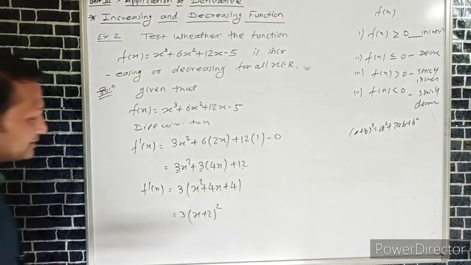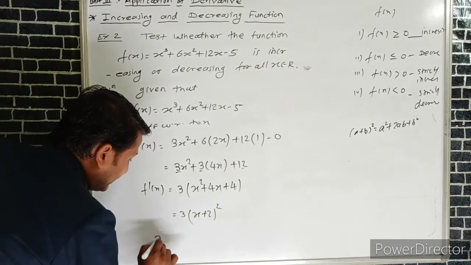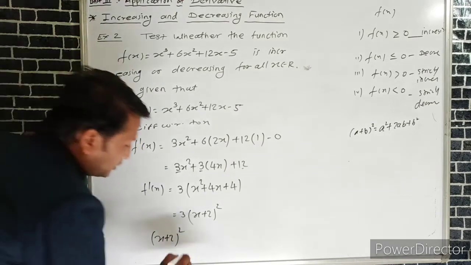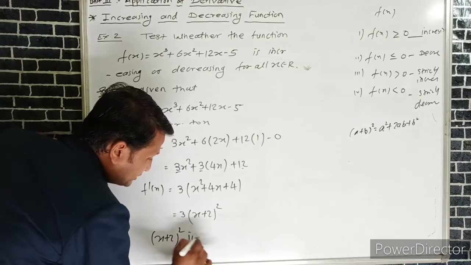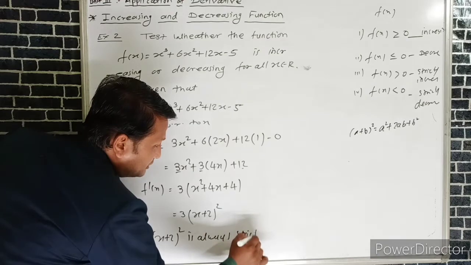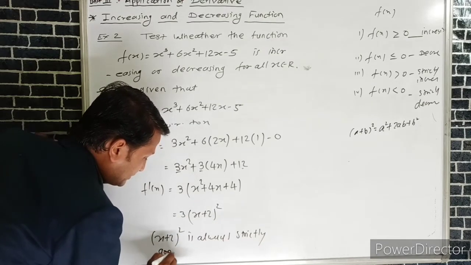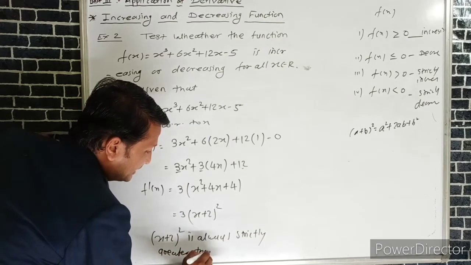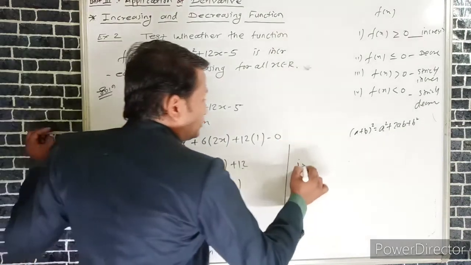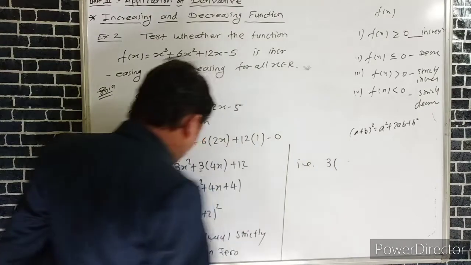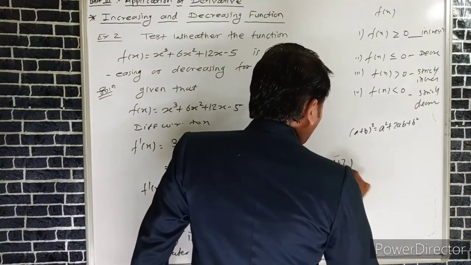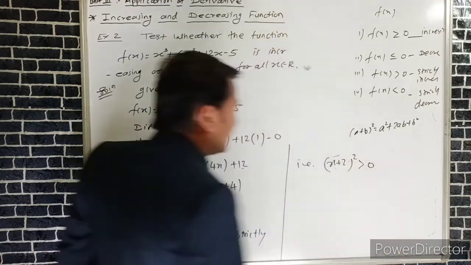Hence we can say that x plus 2 whole square is always strictly greater than 0. It means that 3 into x plus 2 whole square is strictly greater than 0.